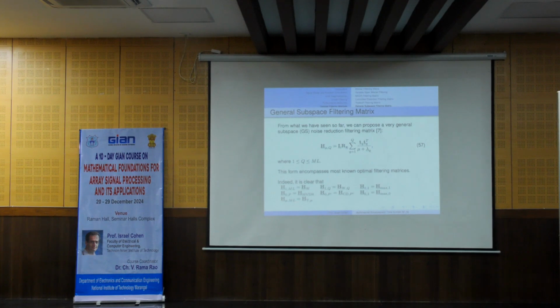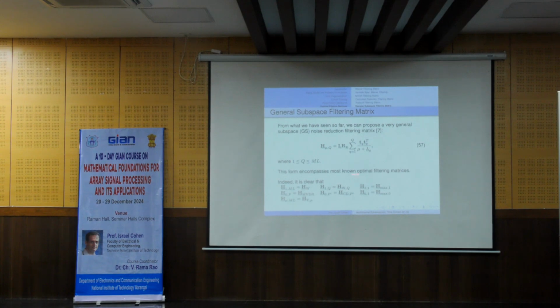But if mu equals 0, don't put here something which is larger than the dimension of the Rx. So the maximum Q can be P. Okay, so we write here Q between 1 and ML, but this is for mu larger than 0. If mu is 0, the maximum value of Q will be P. And you understand why, because we went through all of that.